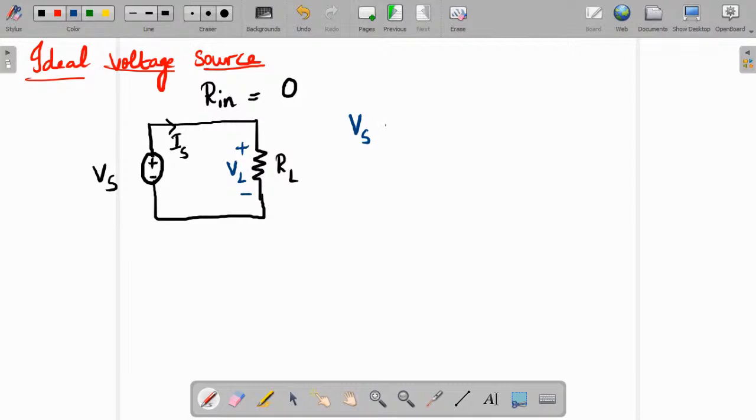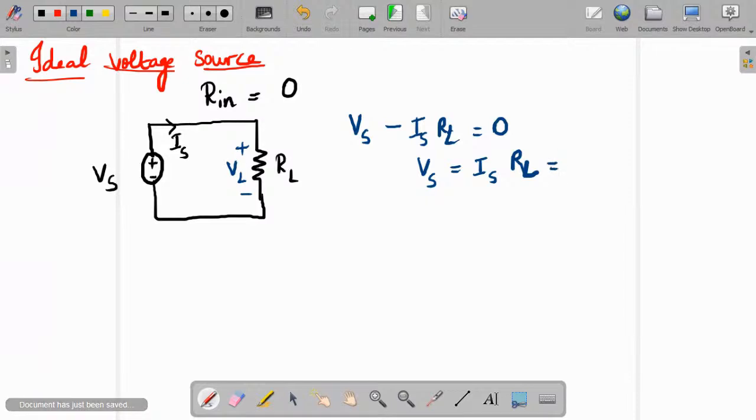So Vs minus IS into RL equal to 0. Correct? So from this, what is Vs? Vs is equal to Is into RL, which is equal to the voltage drop across the load VL. Similarly, let us see the practical voltage source.